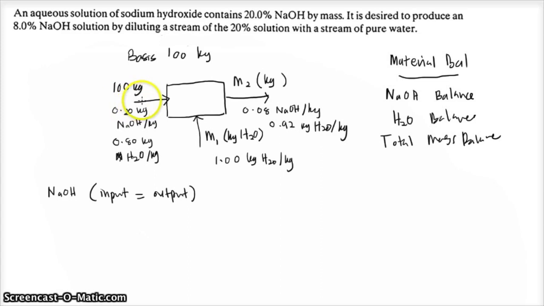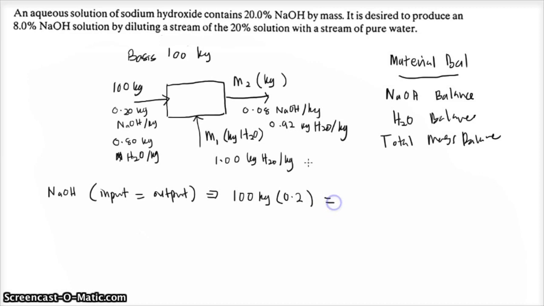Since we use a 100 kilogram basis, and in this 100 kilograms there's only 20% sodium hydroxide, what goes in is 100 kg times 0.2. Because there's only 20%, that's the amount of sodium hydroxide that goes in.